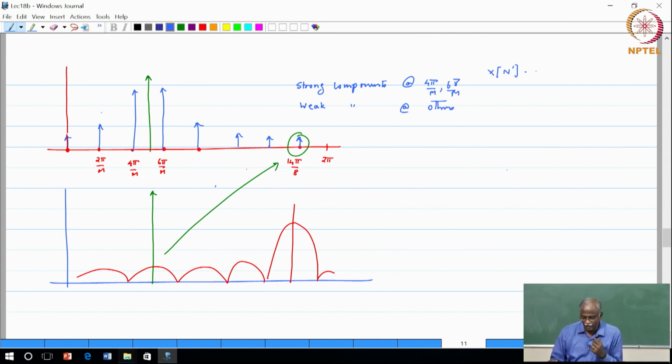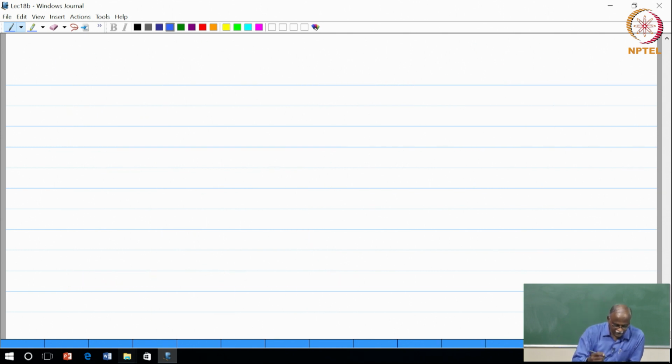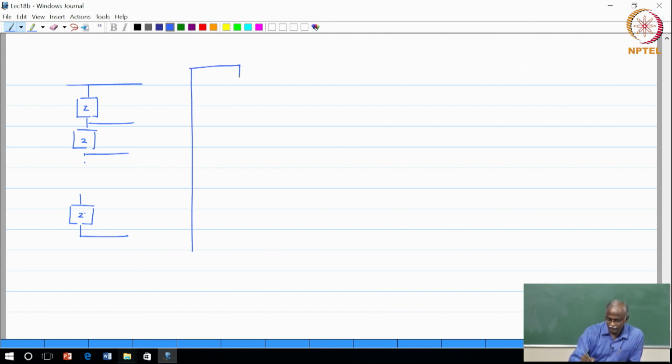Now the question: how will my structure get modified for this? The structure will be as follows. The original structure had a set of delays and advance operators, z, dot dot dot, z. These branches, previously we were taking directly to a DFT, am I right?